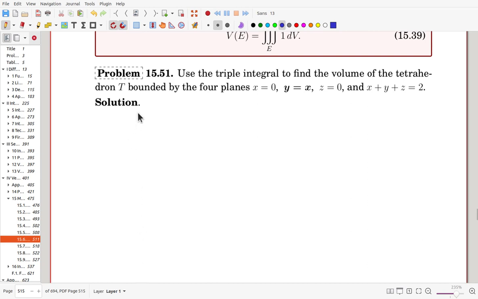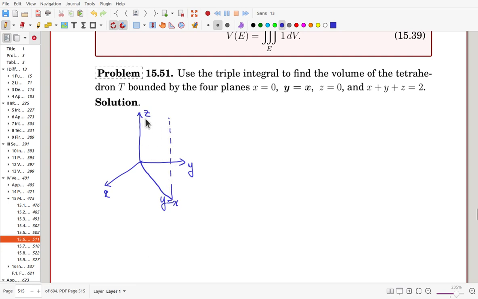So let's first try to understand the tetrahedron. Let's visualize it, with the x and y directions, and the z direction. x equals 0 is the yz plane, this back plane, and y equal x is a plane along this line y equal x. In fact, it is a plane in the whole z direction, and it is made in this way.